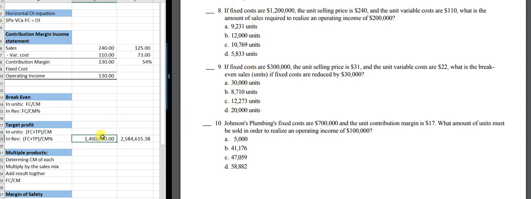Okay, so I know that break-even in units is fixed cost divided by contribution margin. Okay, so I've got fixed costs of 300,000, but I'm going to reduce it by 30,000. So I've got fixed costs of 270,000. I have a selling price of 31 and a variable cost of 22. So my contribution margin is 9. So 270,000 divided by 9. That gives me, I don't want a percentage.